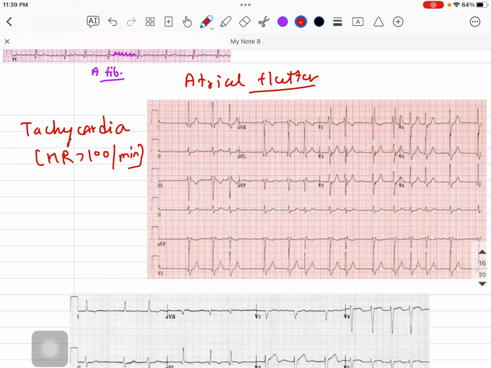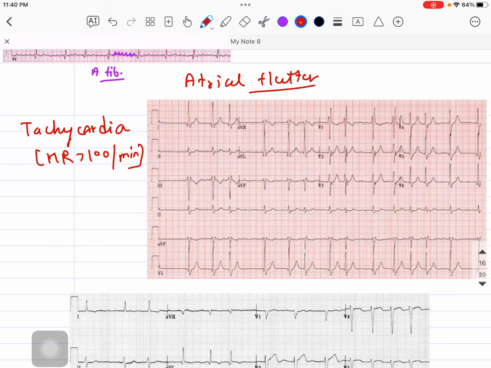I showed you the example as well. Over here in this case, because the rhythm is regular in most of the cases, you will be applying the old formula only, that is 1500 divided by the number of big boxes. Okay. But one more case over here, sometimes the heart rate is very quick, and that formula might not be satisfied for these kinds of cases, right? So that is also the case.